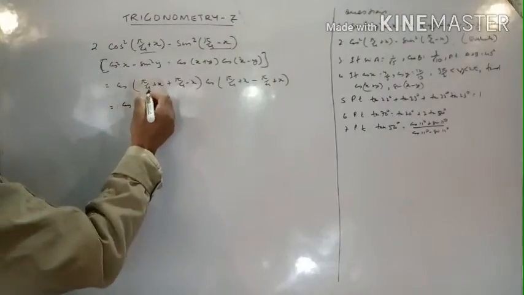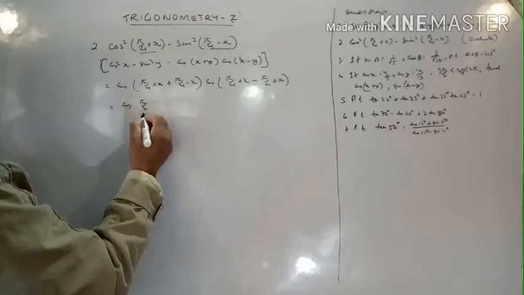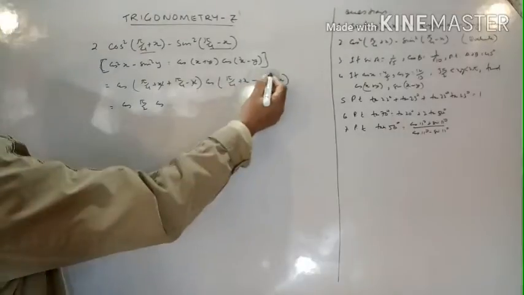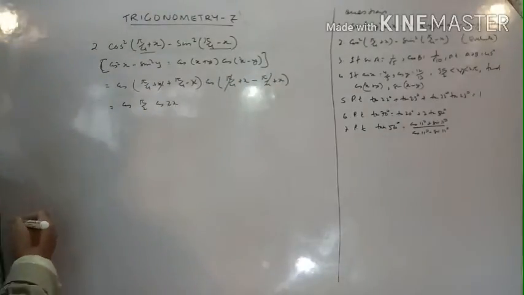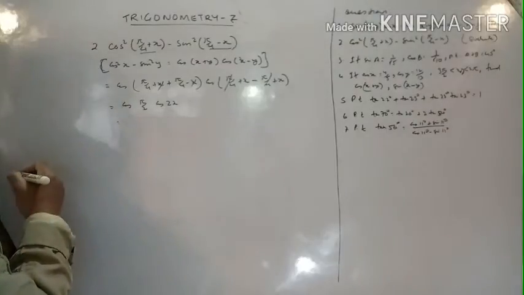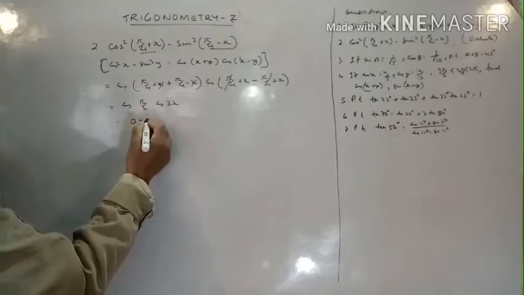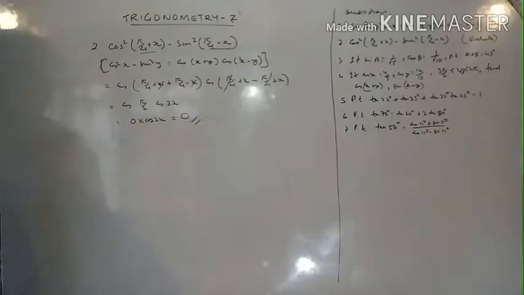Here you get pi by 4 plus pi by 4, which adds to pi by 2, and x gets cancelled. And here pi by 4 gets cancelled, so x plus x will be 2x. Now pi by 2 means 90 degrees, so cos 90 degree is 0 into cos 2x, so the value of this expression is 0.